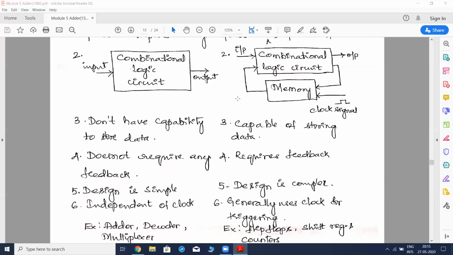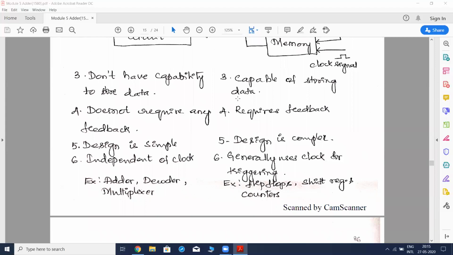Whatever we discuss will be sequential circuits. A few examples: flip-flops, shift registers, latches. Flip-flops especially, as well as shift registers and counters, are sequential circuits, because they all work on the principle of the clock signal.